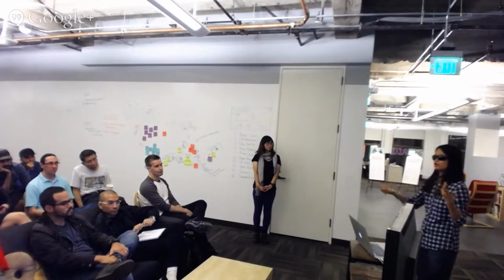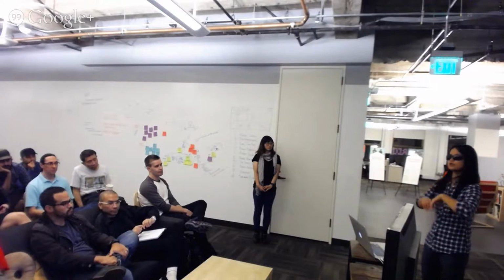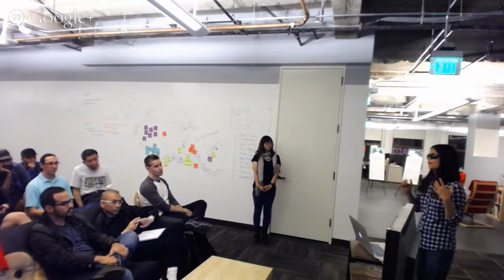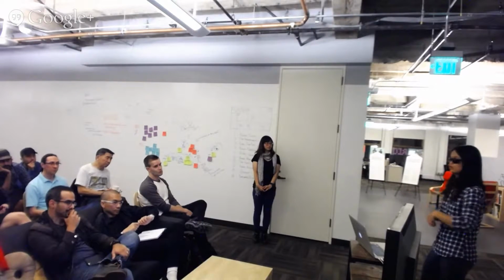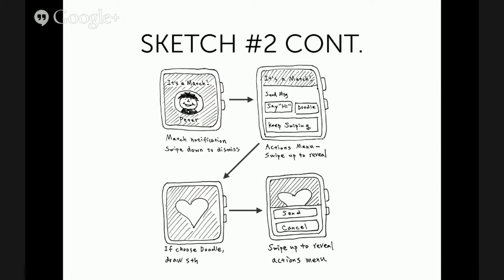So there are two things. We are trying to leverage Apple Watch's new feature, the heartbeat monitor, to incorporate into our design, and we also want to leverage people's understanding of some of the common gestures. Because as you know, on this kind of tiny screen, it's hard to tap on things without making mistakes.